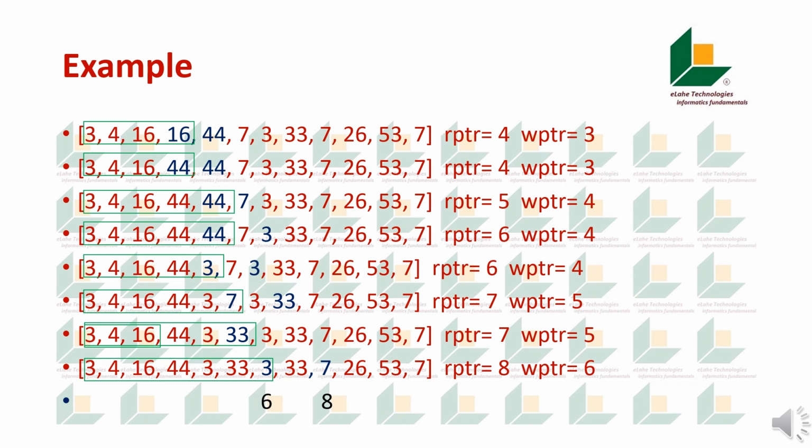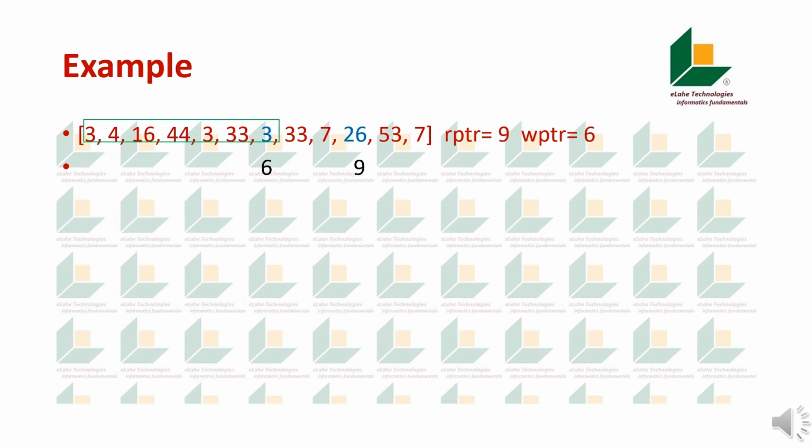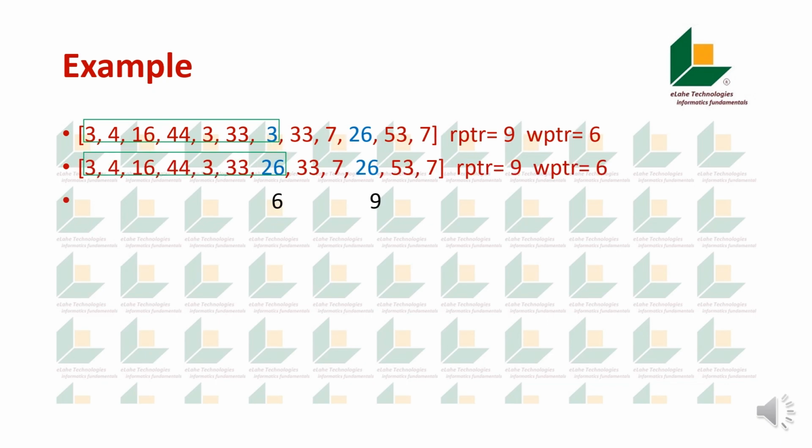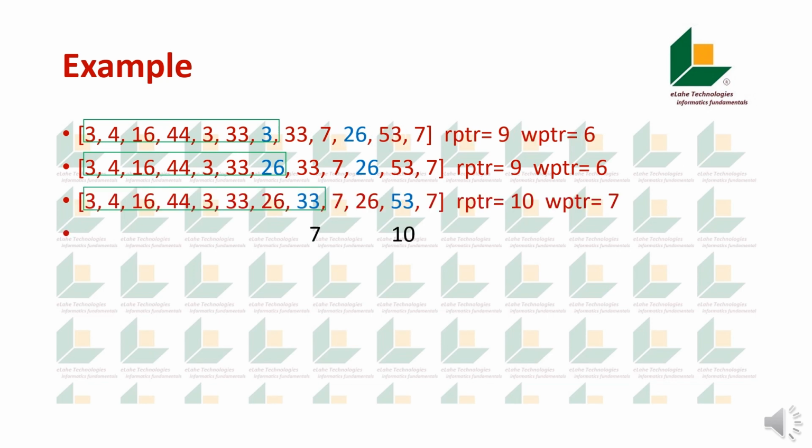Next item read is a 7 at location 8 which needs to be deleted. Next rptr is incremented but wptr is not, since a 7 was last read. The next number read is 26 which is written into location 6. Then, both rptr and wptr are incremented.